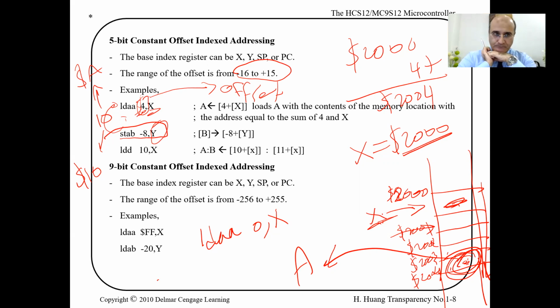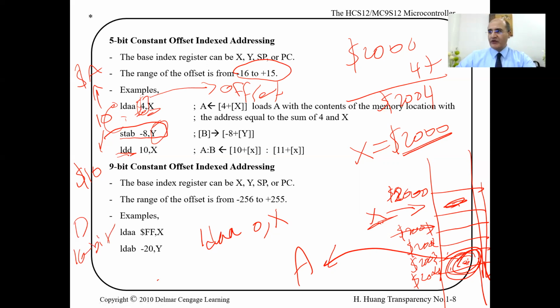Okay? Rest of the stuff, similar to what we did. So load D. D is 16-bit, so I'm going to load data from 2 memory locations.